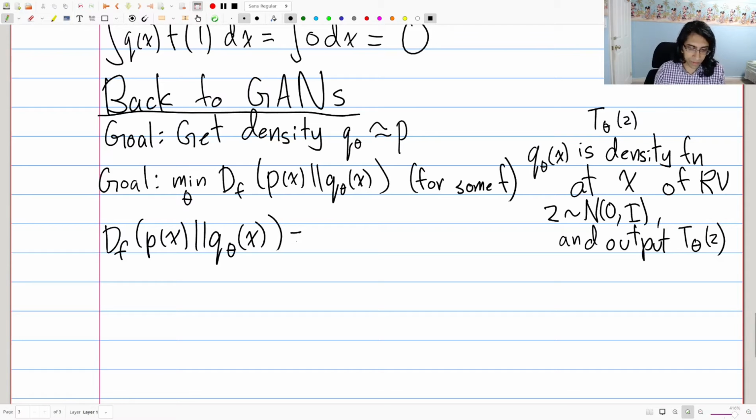Let's just write this out. I might drop the subscript just because it's more natural, but you should keep it in mind that there's a density that's parameterized by this theta. q(x).